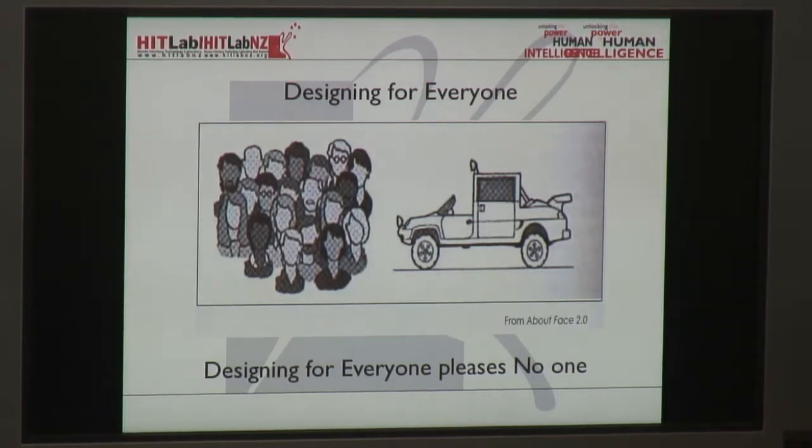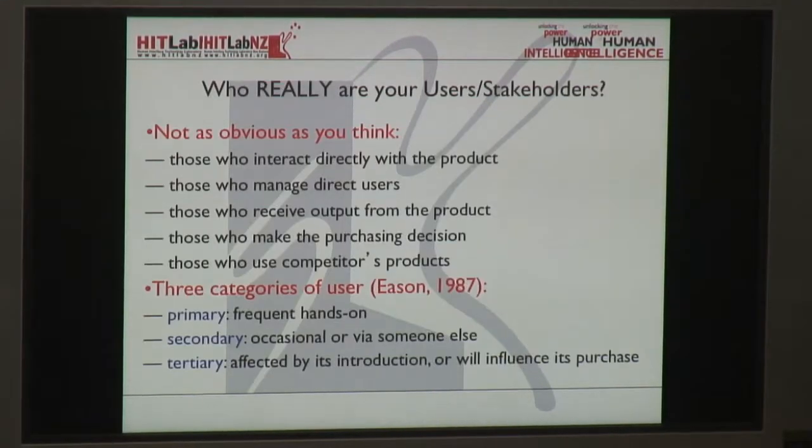There are lots of examples in the car industry where people tried to build SUVs that look like convertibles, or things that just didn't work. But one of the challenges is figuring out who your users really are. Sometimes it's not as obvious as you think. Of course there are people that interact directly with the product, who are users, but there might be other users as well.